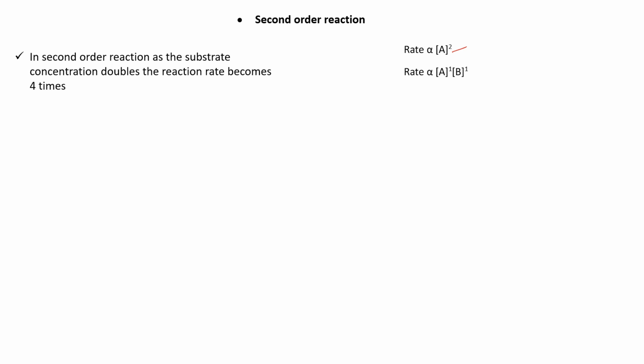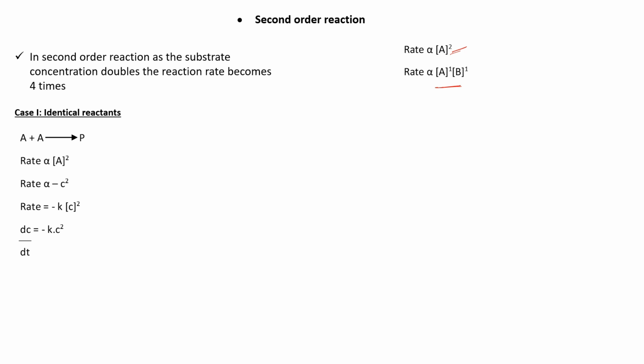So either it can be a single type of reactant or two different varieties of reactant. So either it can be identical or non-identical reactant. So in second order reaction, the rate depends upon the concentration of reactant, where the molecularity is 2. That means 2 molecules are interacting.